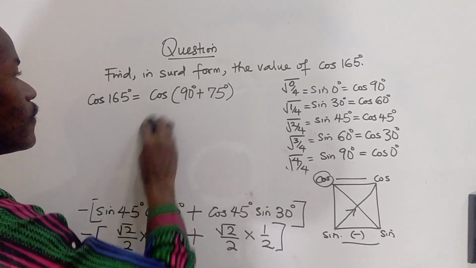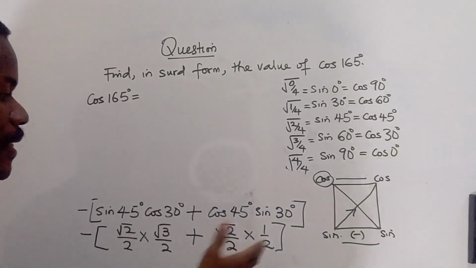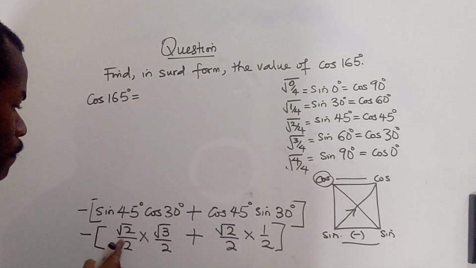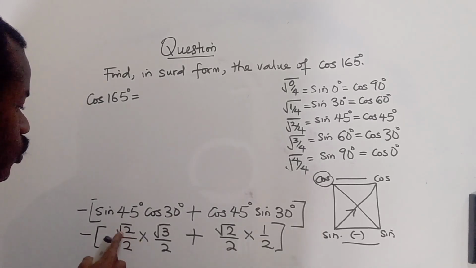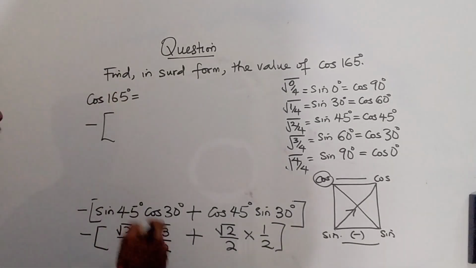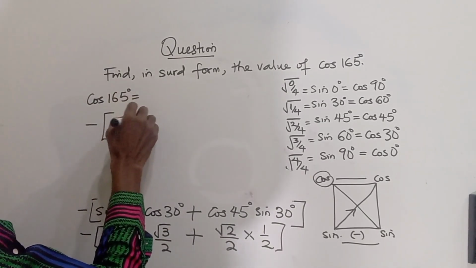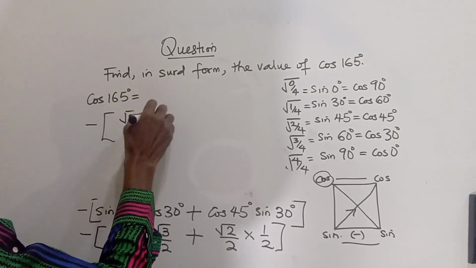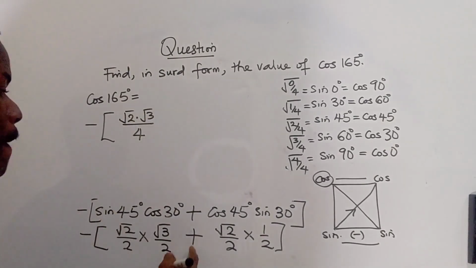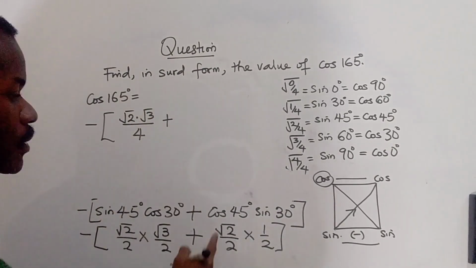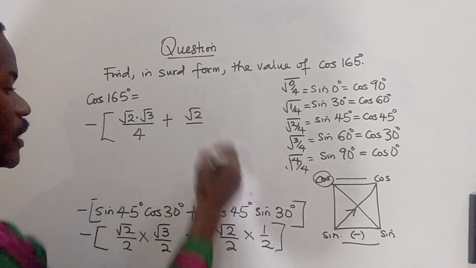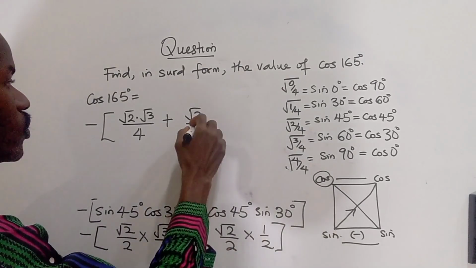So now let's multiply square root of 2 times square root of 3, divided by 2 times 2, which is 4, plus square root of 2 times 1, which is square root of 2, divided by 2 times 2, which is 4.